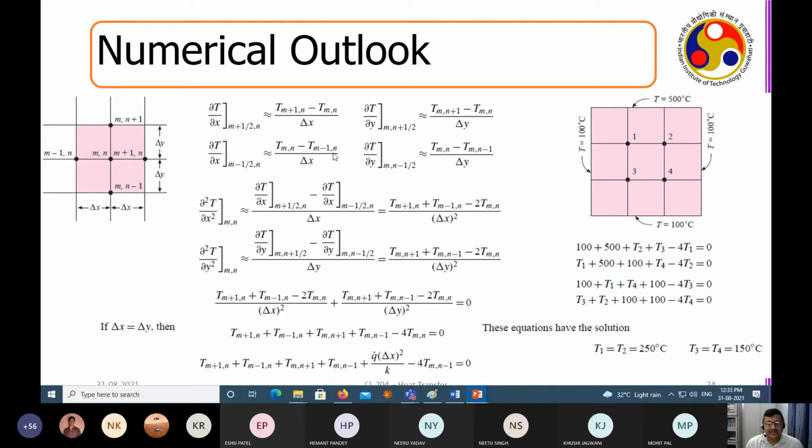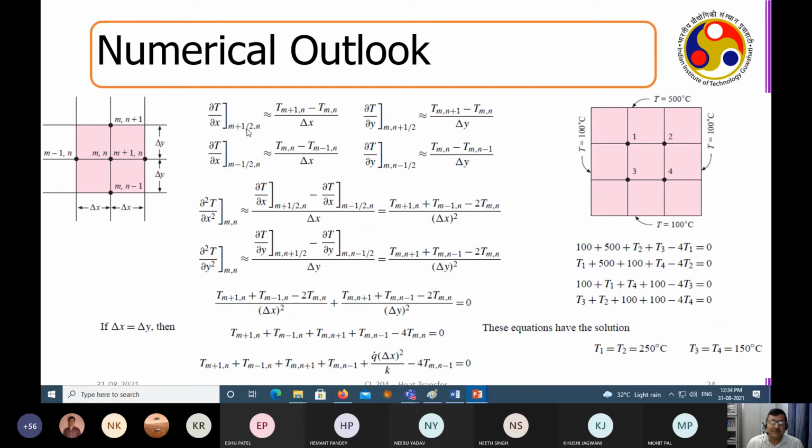This is the forward difference, this is the backward difference, this is in the y, this is in the y, right? They have taken in the form of half to make sure that they can do the delta T by delta x square. The way I have done, you can do the same way with i, j also. You may need another point there.